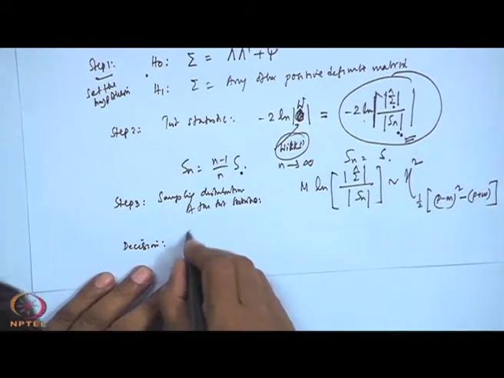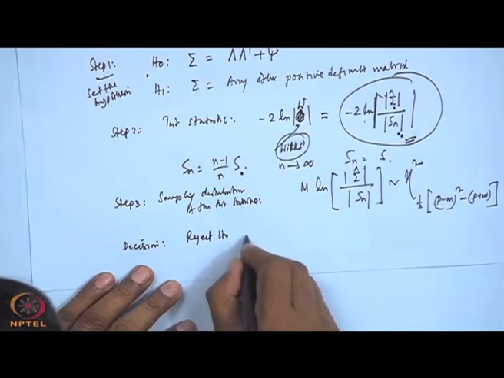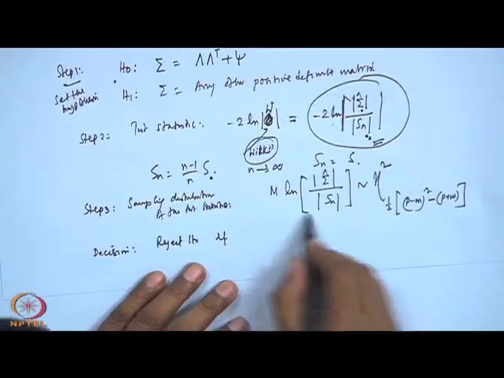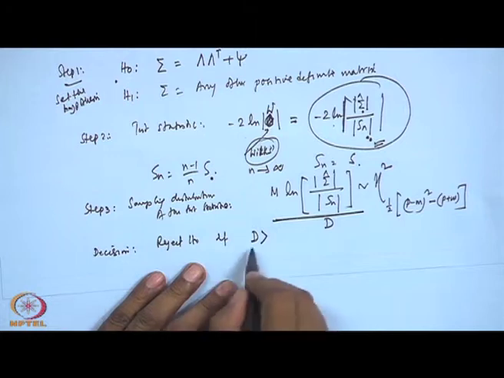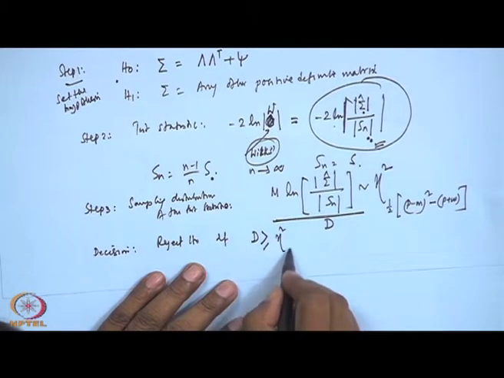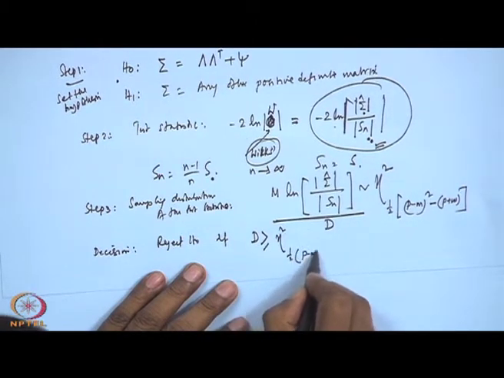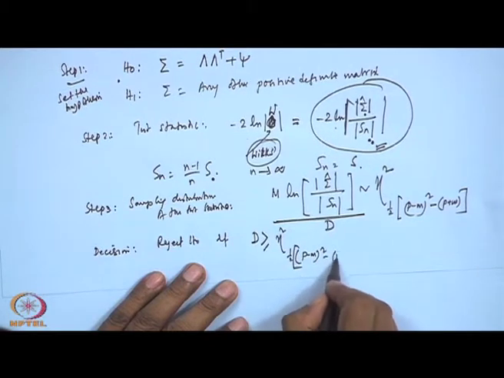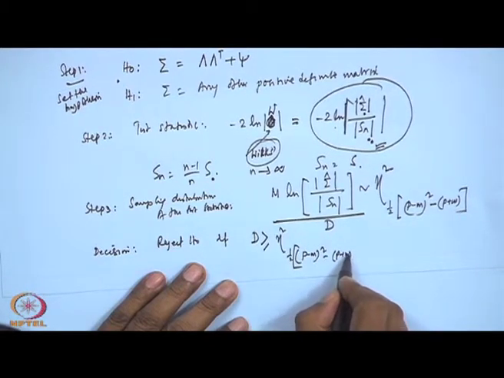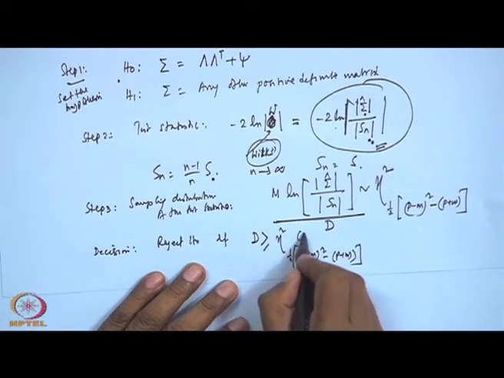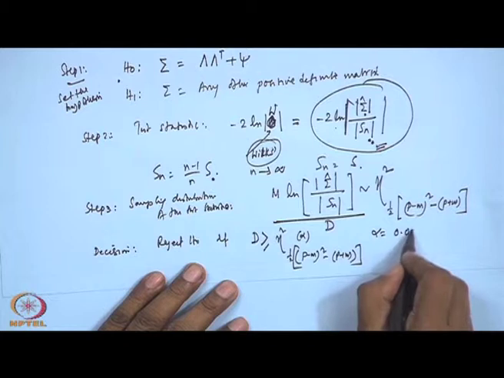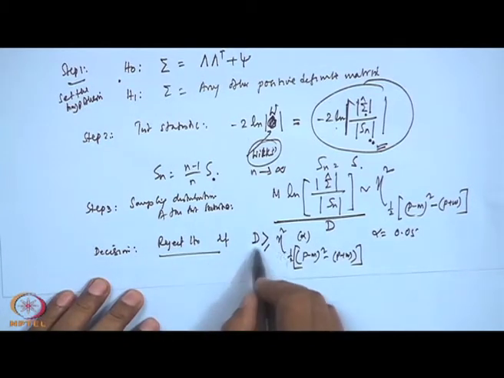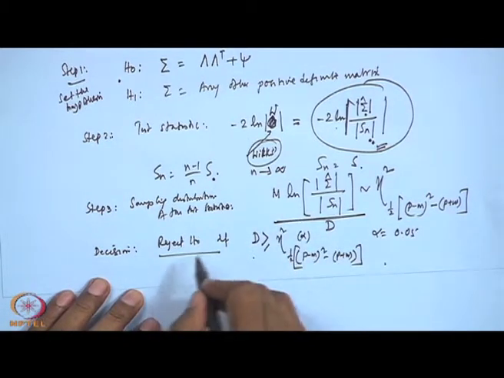The decision will be reject H0 if this total quantity, let me write it as D, is greater than or equal to chi square with half of (p minus m) square minus p plus m degrees of freedom at level alpha. Usually alpha we take 0.05. If you reject H0 under this condition, what does it mean?